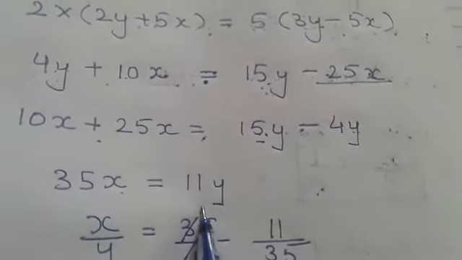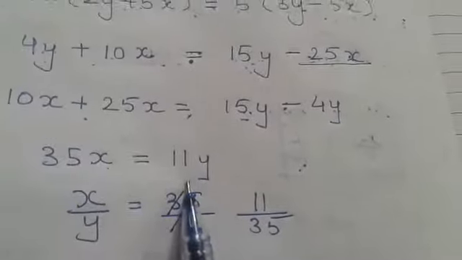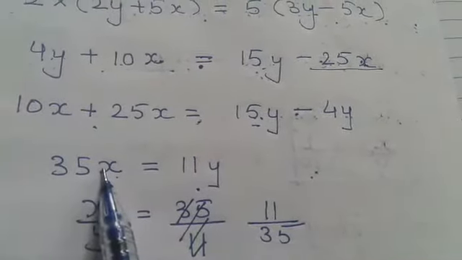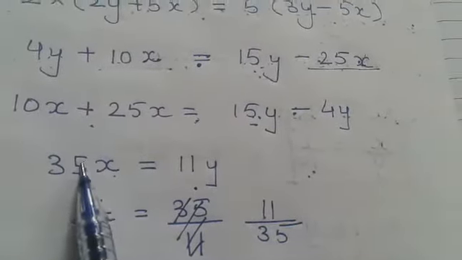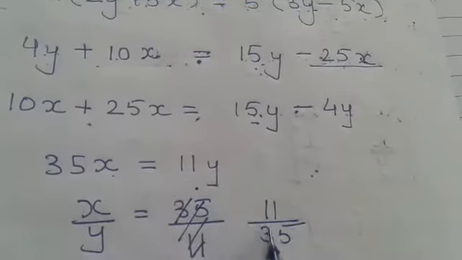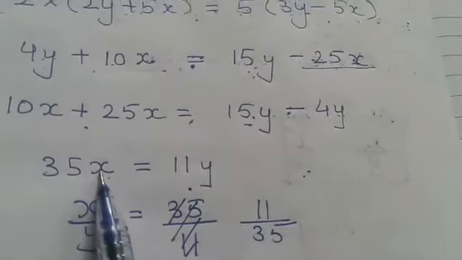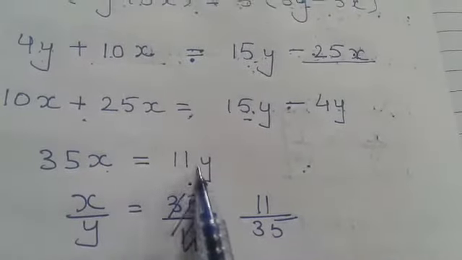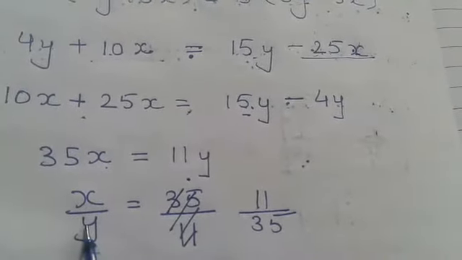And then 35 I have transposed to the RHS. 35 is multiplied by x, and when it is multiplication it becomes division, so 11 upon 35. Then we transposed this y to the LHS: 11 multiplied by y became divided by y.